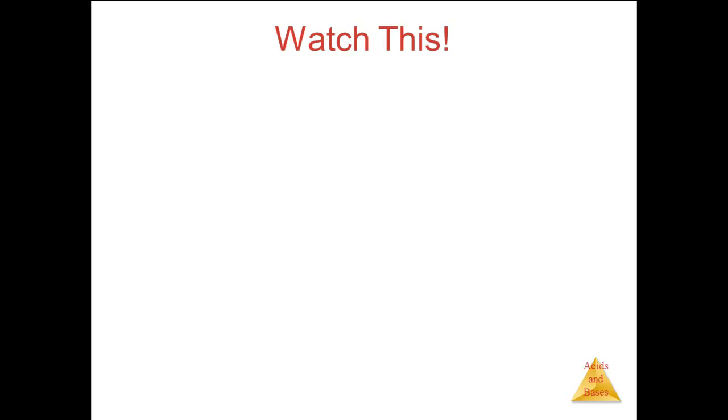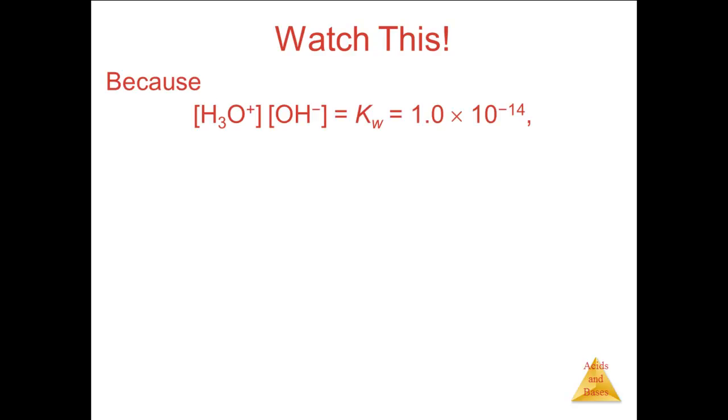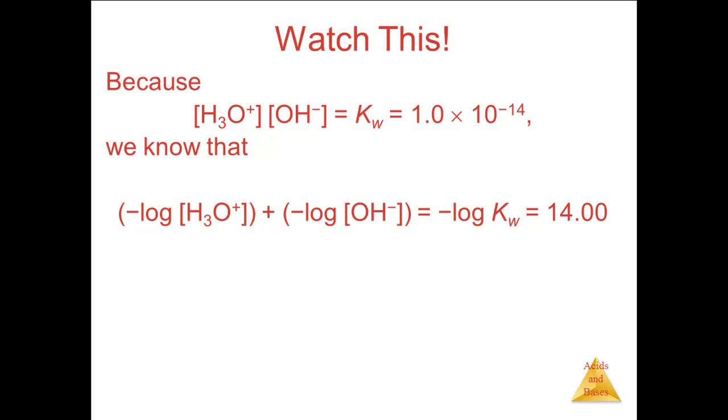There is a very useful relationship between pH and pOH. Watch what we do here. Because the concentration of H3O+ times the concentration of OH- equals Kw equals 1.0 times 10 to the minus 14th, we know that if we take minus the log of both sides of the equation, we get minus the log of the concentration of H3O+ plus minus the log of the concentration of OH- equals minus the log of Kw equals 14.00.